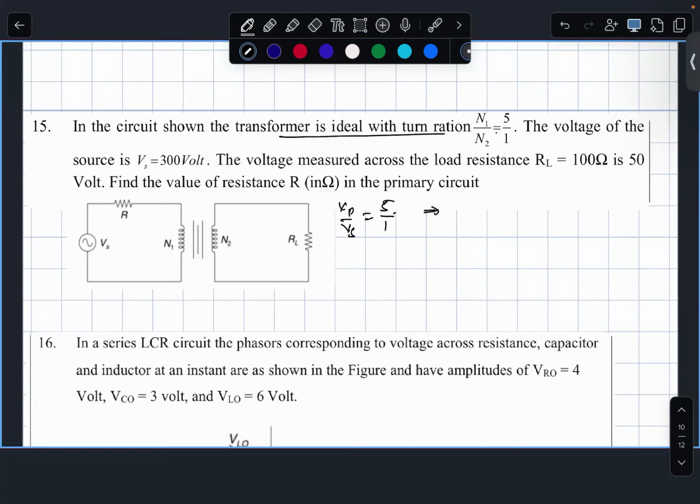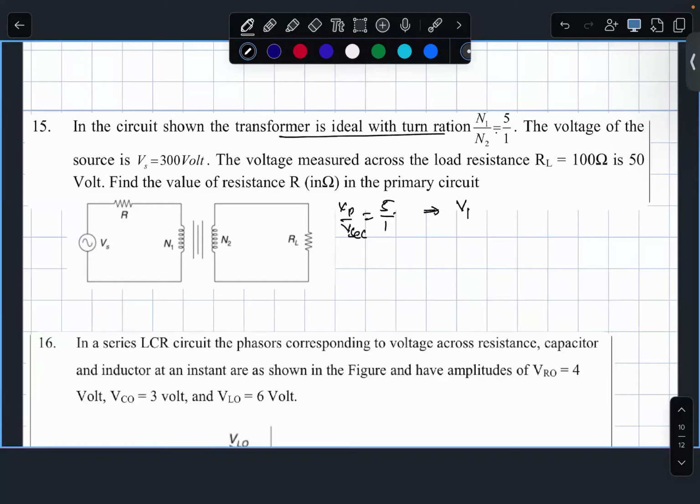V primary, V secondary ఇది VS. V primary, if there is no capital R, then V secondary 50, that is for sure.